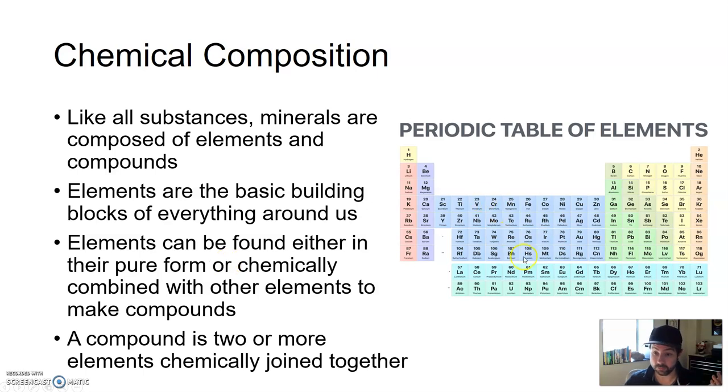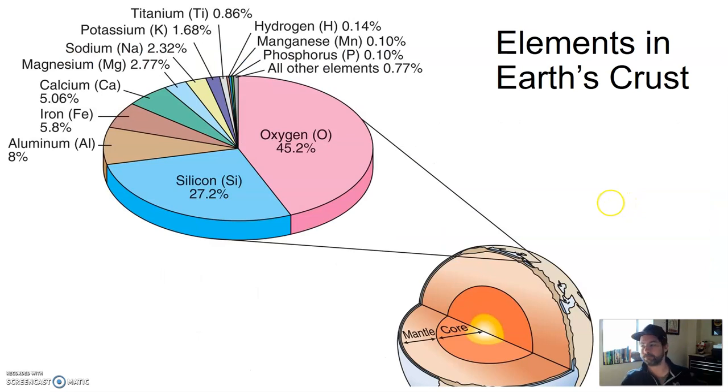Gold is a mineral, so a big chunk of gold is made up of just one element. Or take something like table salt. Salt is the mineral halite. It's made up of a combination of one sodium atom and one chlorine atom, together, that compound. So minerals can either be a single element, or, more likely, be made up of compounds.